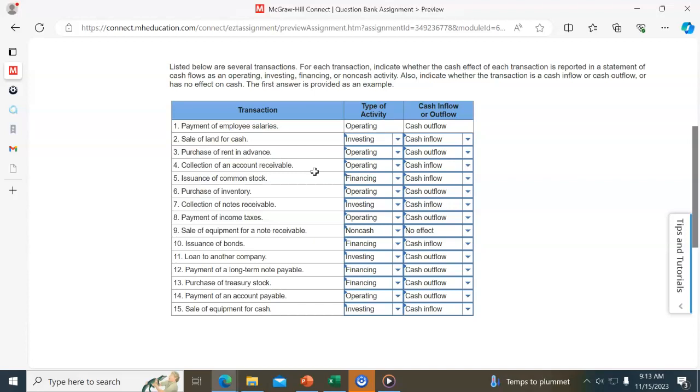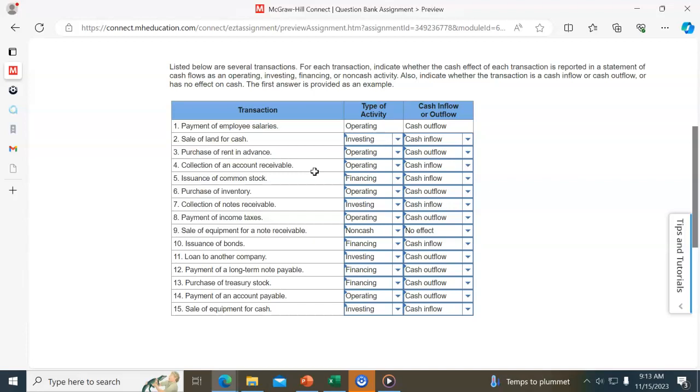current asset. Collection of notes receivable. Remember, investing is the purchase and sale of long-term assets, current investments, or notes. Payment of income taxes, why the company's in business.